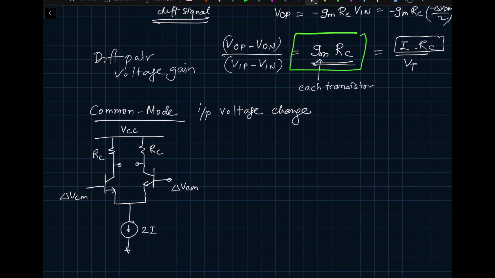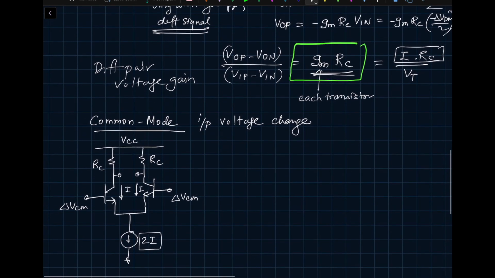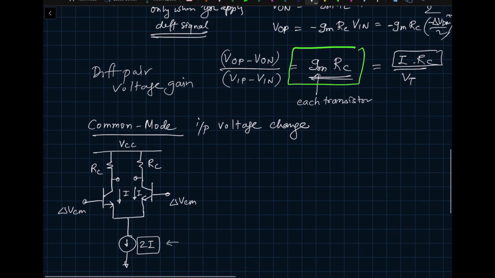It should be fairly obvious to you that since this is a constant current source 2I, both inputs either move up or down together, the current flowing through each transistor still stays the same, I, and that doesn't change because this is a current source. So you can pretty much tell that for delta VCM at the input, VOP equal to VON will always be VCC minus IRC.